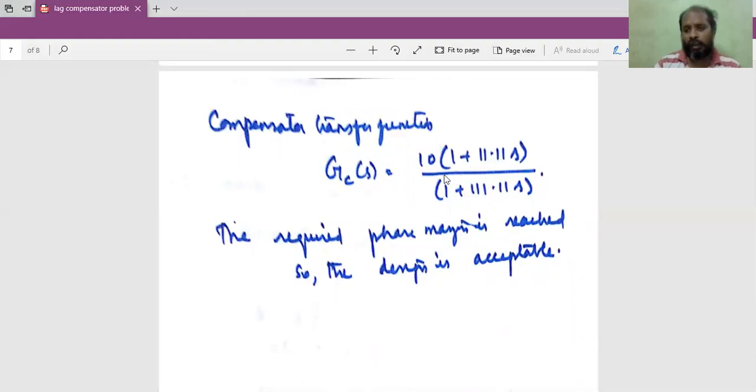That's right. So this is how a lag compensator should be designed, and you can see that it will take nearly 15 to 20 minutes to solve this problem if you are thorough with the formulas and the procedure.